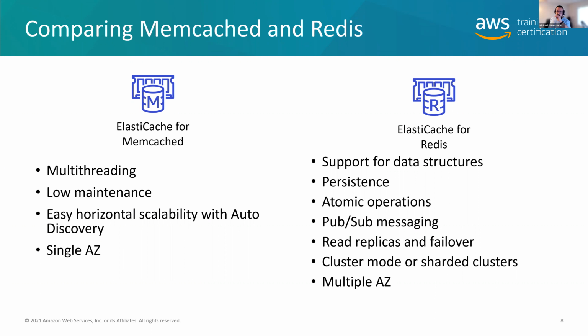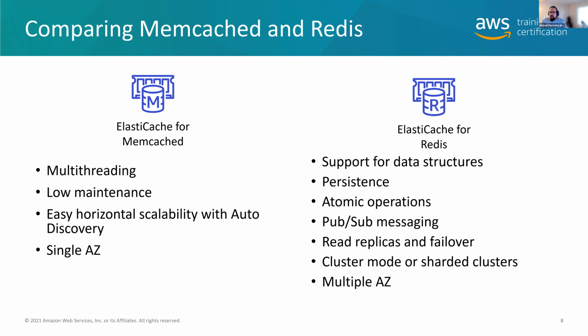That's all going to be Redis, because Redis is the only one that does that level of complex setup. Data types such as geospatial indexes and bitmaps, all those complex data types are going to be Redis as well. So if you need a simple cache with multi-threading or horizontal scalability, the answer is Memcached. Otherwise, every other answer is going to be Redis.